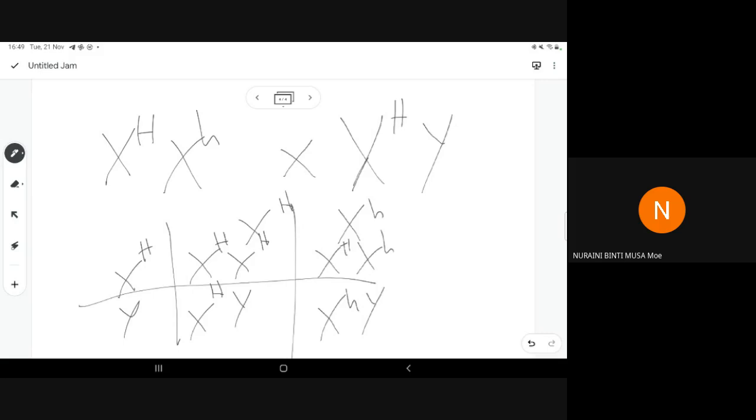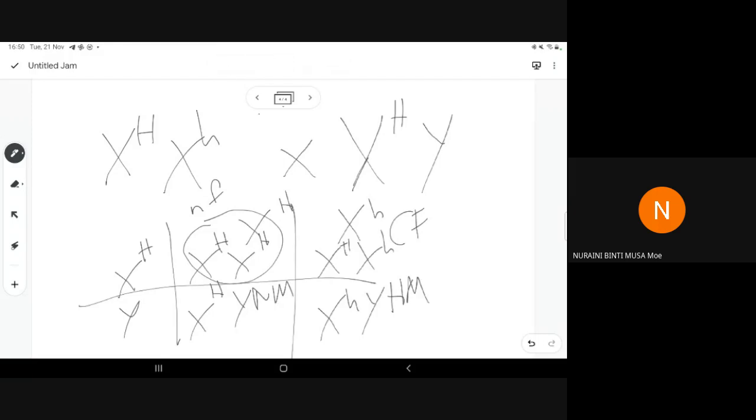Okay. Kalau dia kahwin, ini ratio dia. Apa dia ratio dia? XH besar XH besar is normal female. XH besar XH kecil ialah carrier female. XH besar Y, normal male. XH kecil Y, hemophilic male.